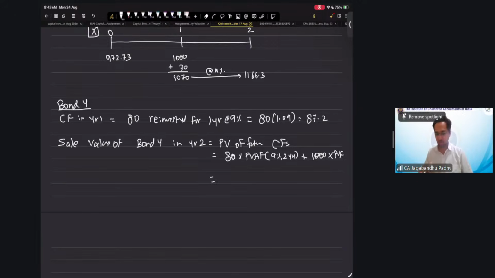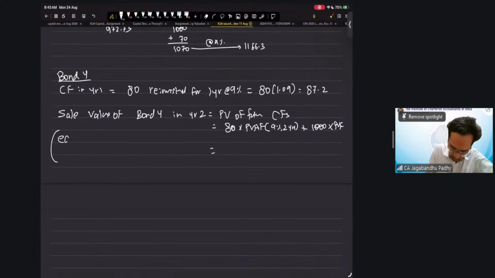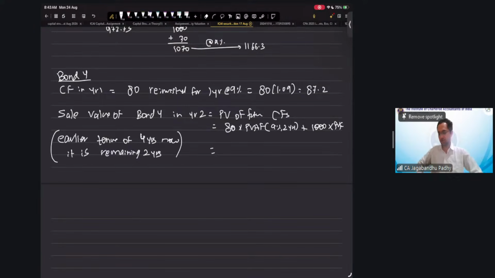So this bond, which originally had a tenure of 4 years, now has 2 years remaining. At what price will I be able to sell it in the market?